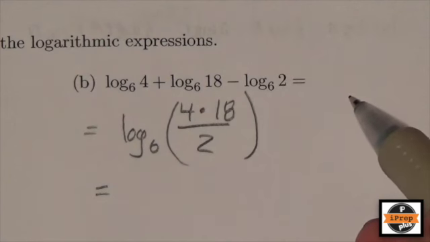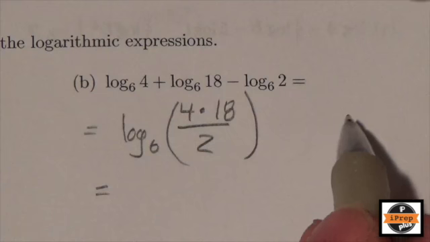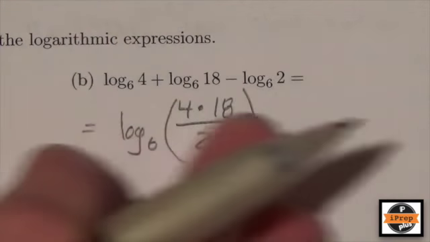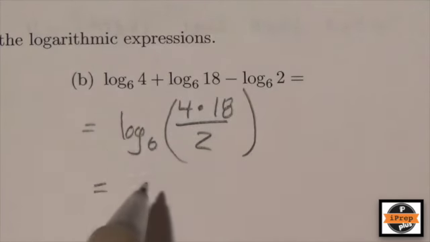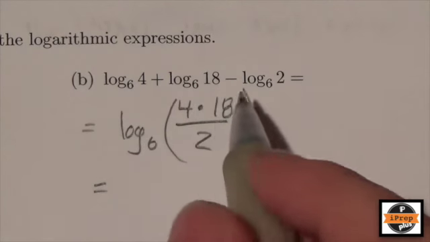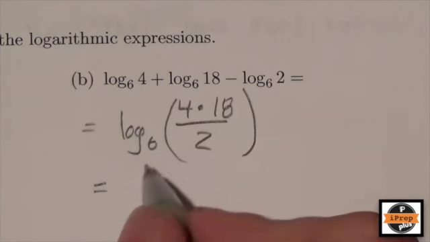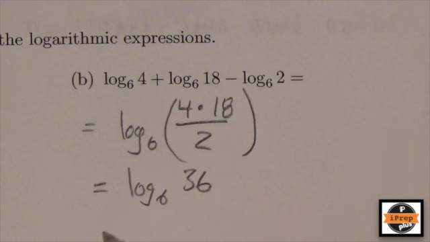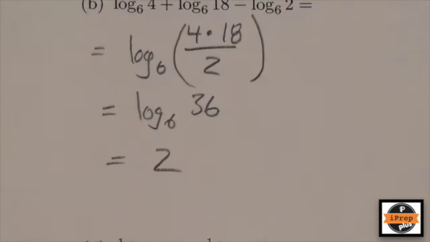The mistake is that they start at the right and think about it backwards. But you always start at the left and go to the right. So this is going to be 4 times 18 divided by 2. I can simplify that by canceling out a 2 from the 4. This becomes the log base 6 of 36, and the log base 6 of 36 is just 2.